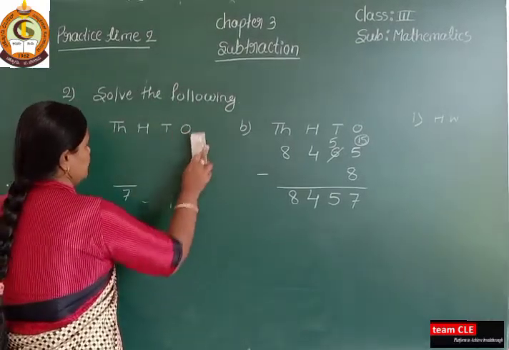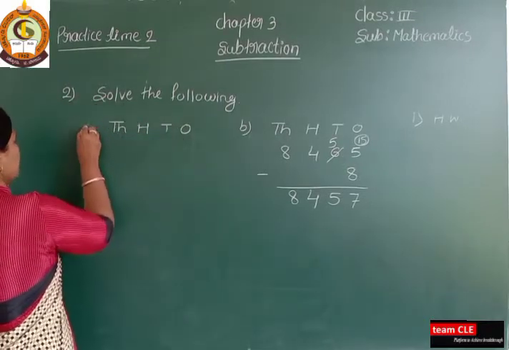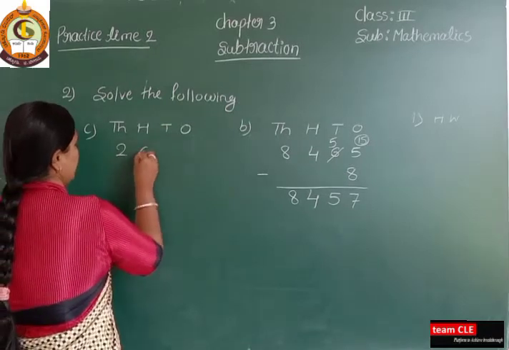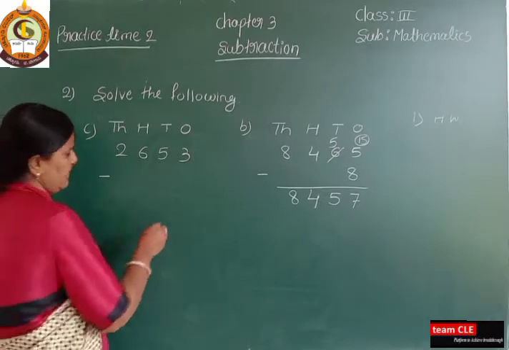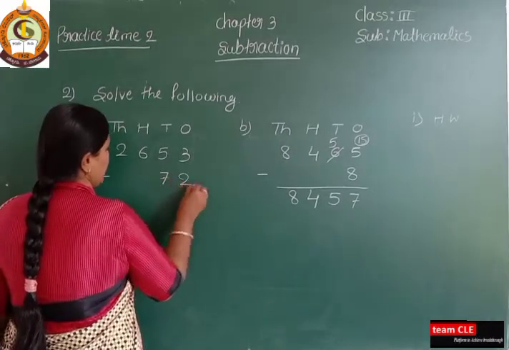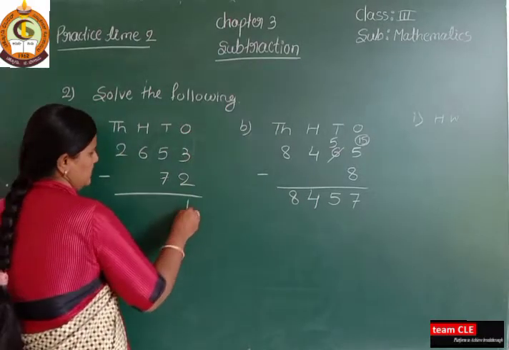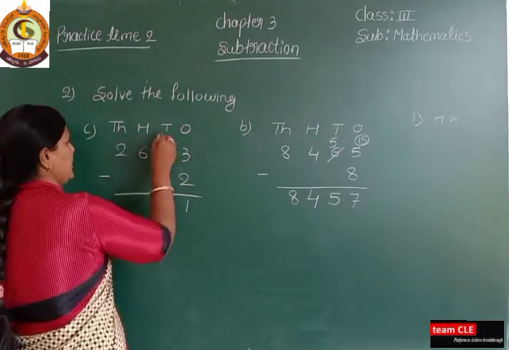C1 problem. 2,653 minus 72. Yes. 3 minus 2 is how much? 1. 5 minus 7: 5 is less than 7, so you have to take a tens group.